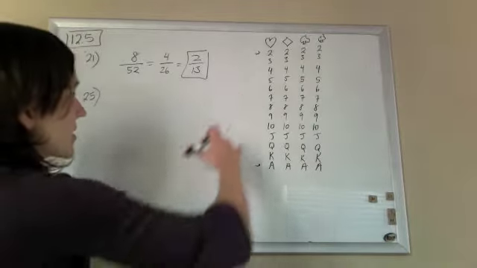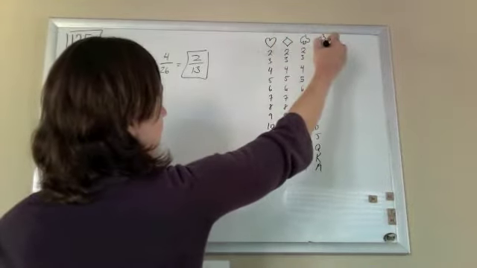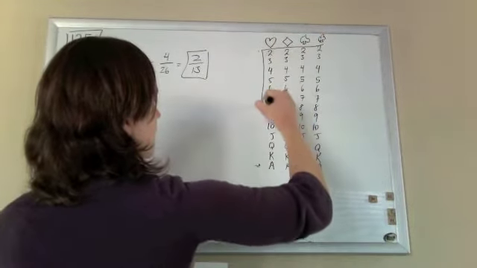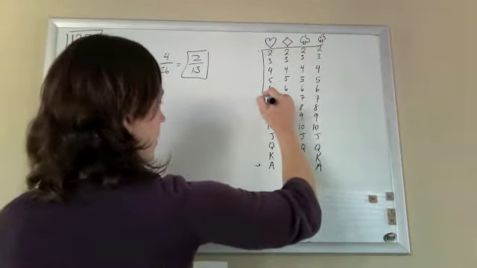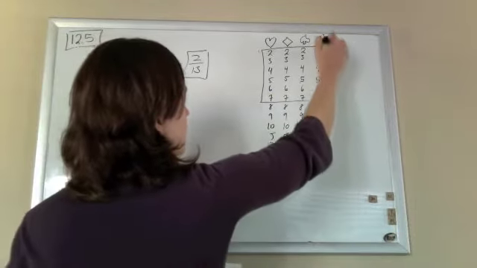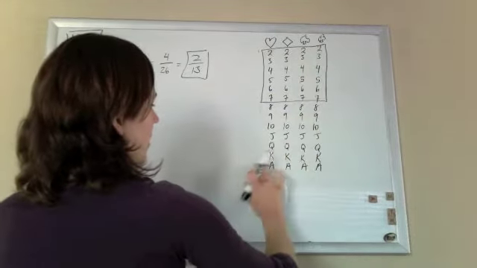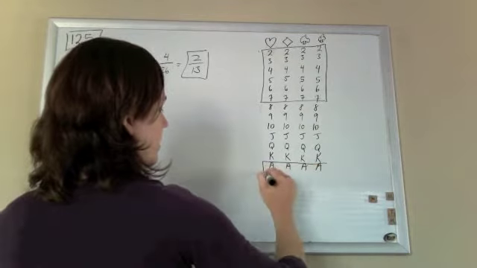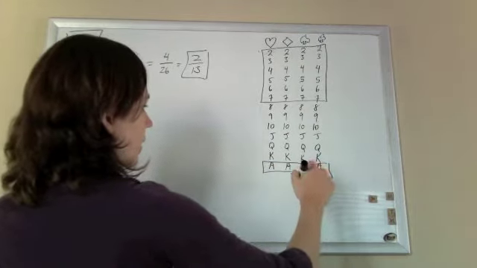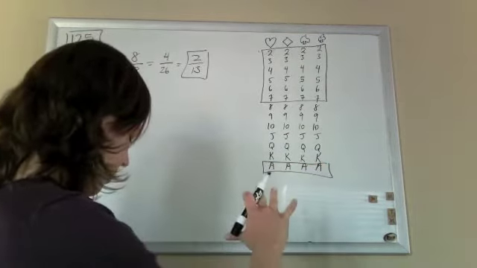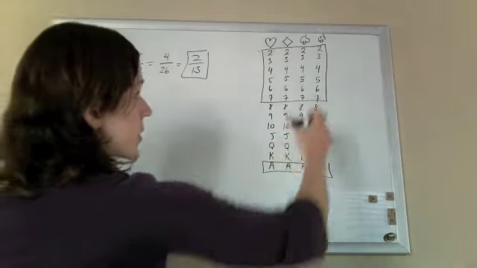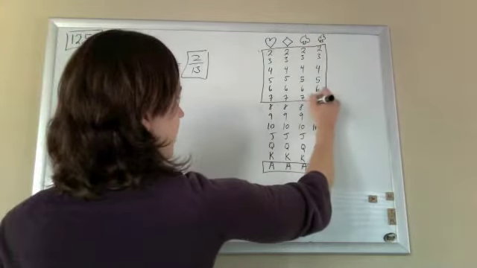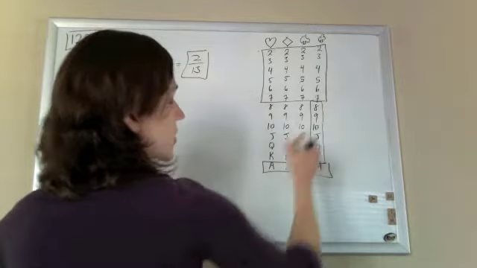We want anything less than an 8. So we'll take all of these, less than an 8, so not including the 8. So we'll take all of those. The ace is considered low, so I have to grab this guy here. And then any of those will work, or any of the clubs. So I'll take any of these guys as well.